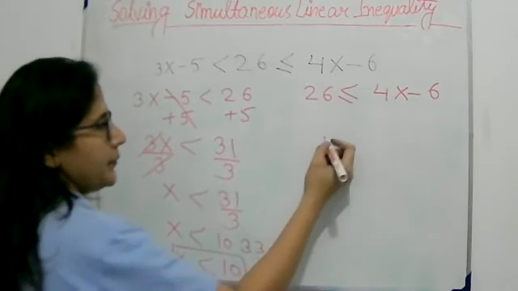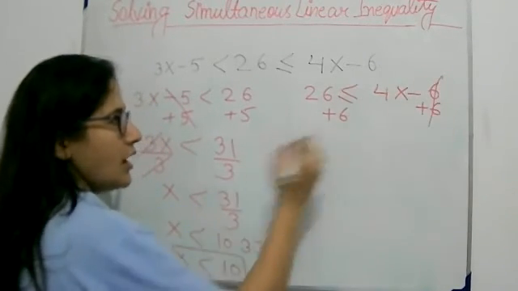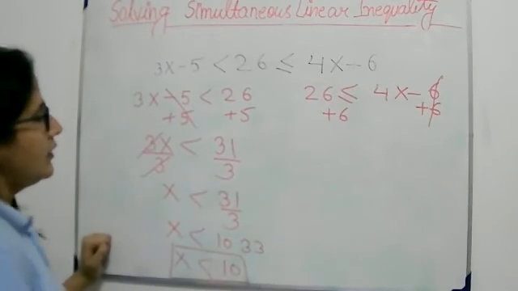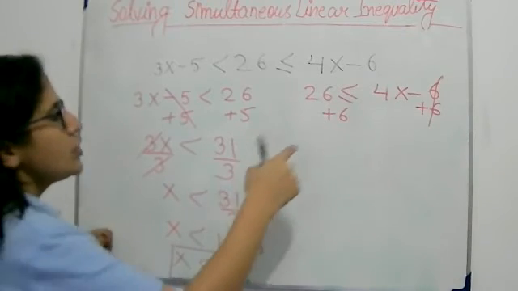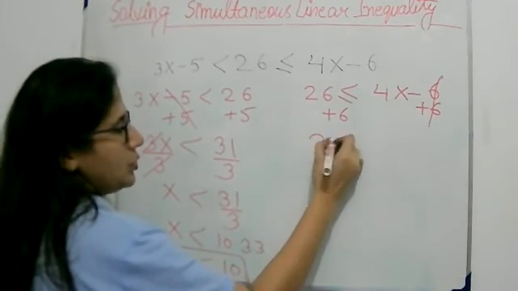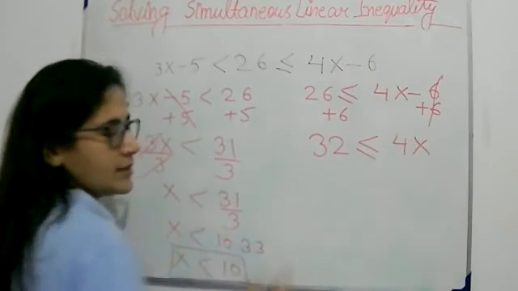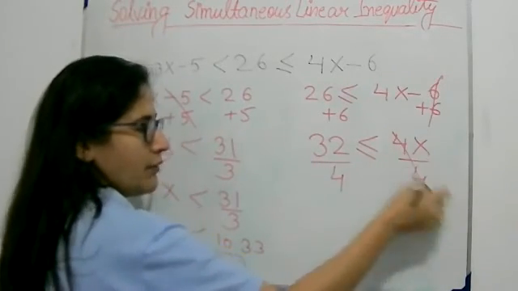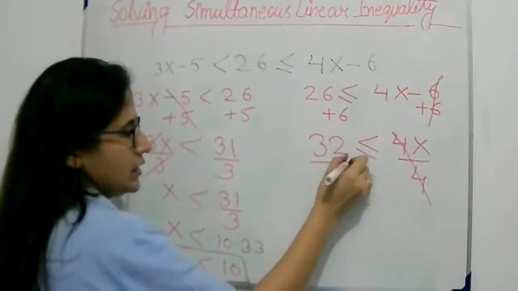Solve the second one. Add 6 both sides. It cancels out. 26 plus 6 will be 32. So 32 less than or equal to 4x. Now divide both sides by 4. 4 and 4 cancel out. 32 divided by 4 will be 8.